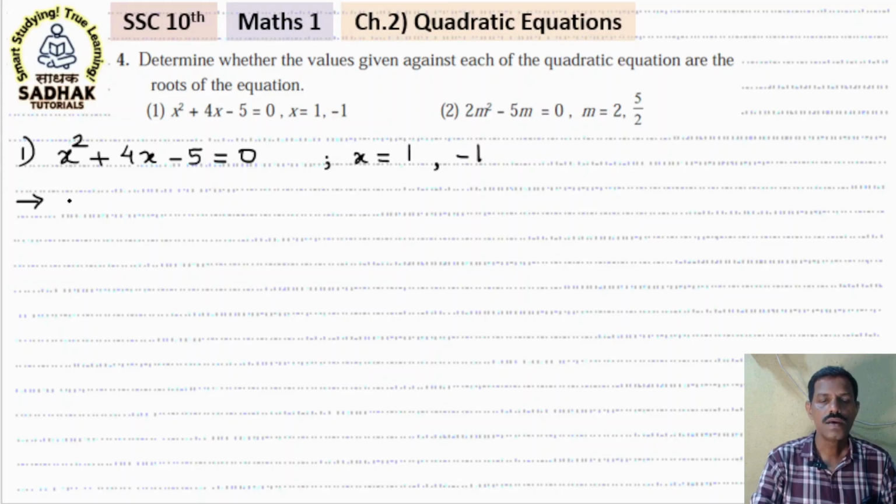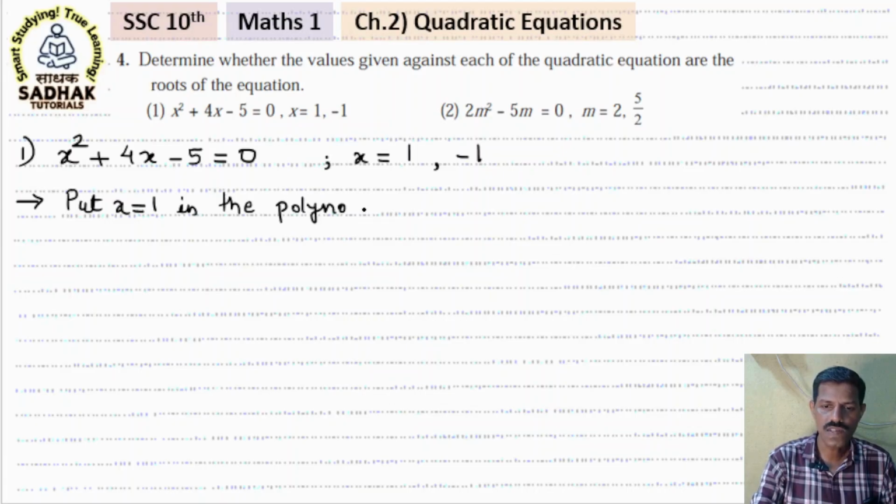So here the first thing that we'll do is we will put this x is equal to 1 in the polynomial, which is the left hand side. What is the polynomial given? X square plus 4x minus 5.